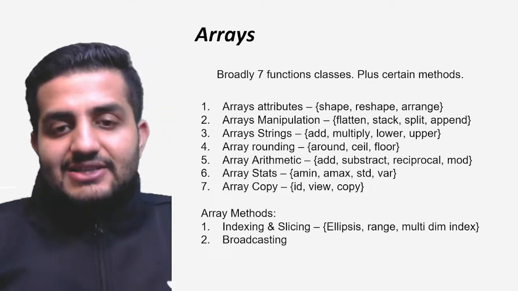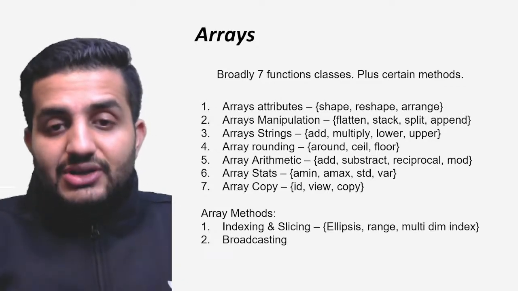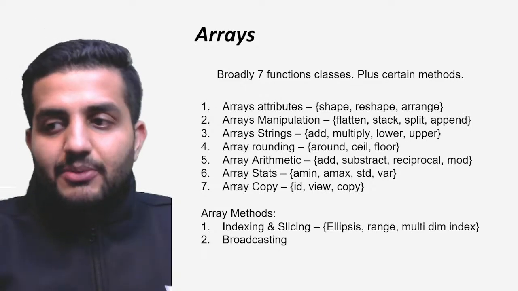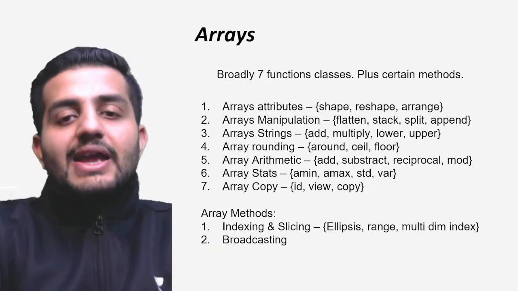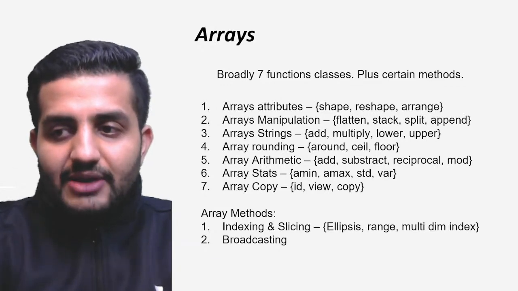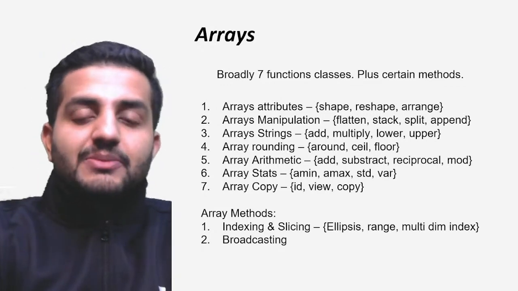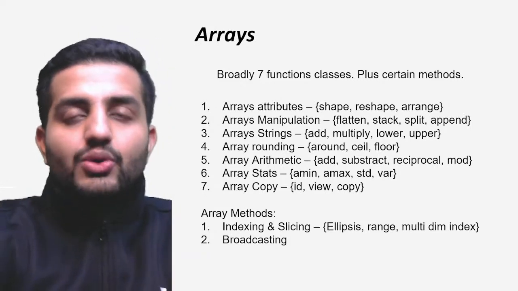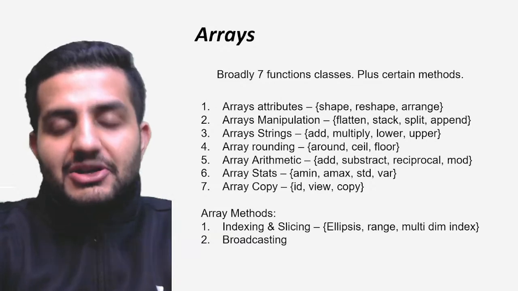So second is broadcasting. Arrays have a very beautiful feature of broadcasting. We have discussed broadcasting before also, but it's more like if I have 2 different dimensions of arrays, and we're going to do some manipulation or arithmetic operations on top of that. Maybe I'm going to add 2 different dimension data.